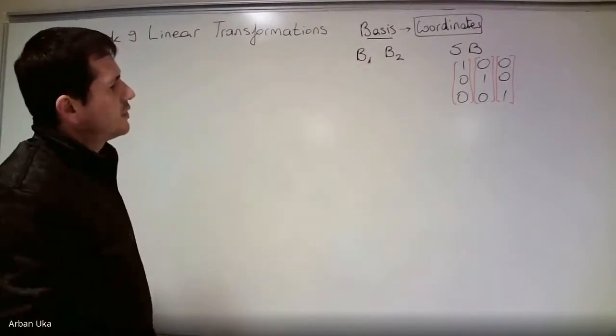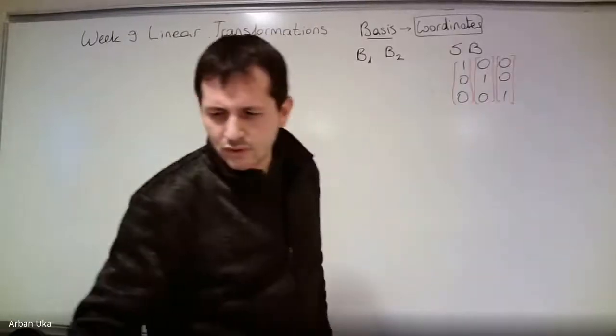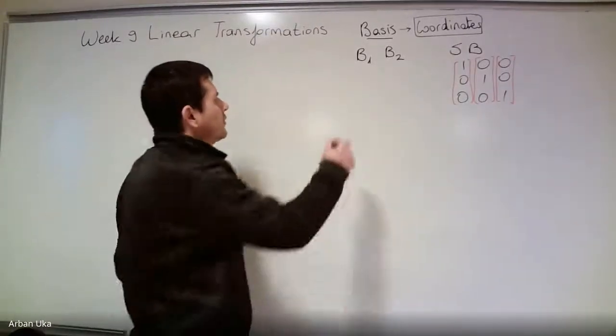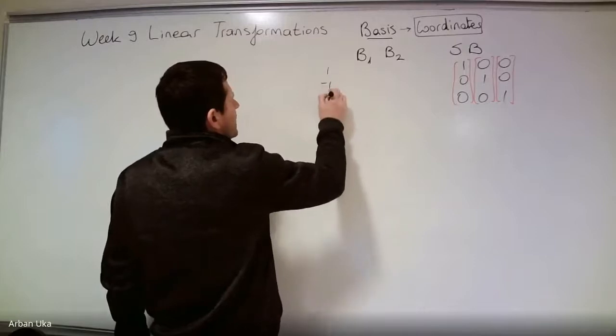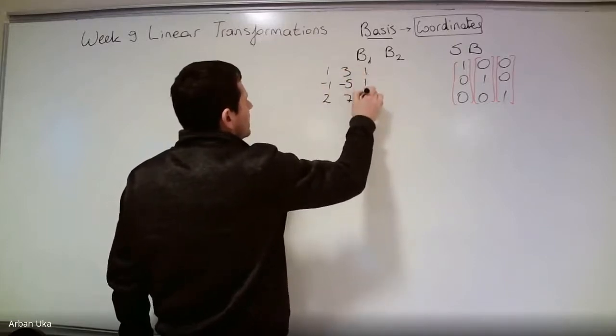Now, we know that this is not the only basis that we can use. We can also formulate a basis that might look like this: 1, minus 1, 2, 3, minus 5, 7, 1, 1, 9.